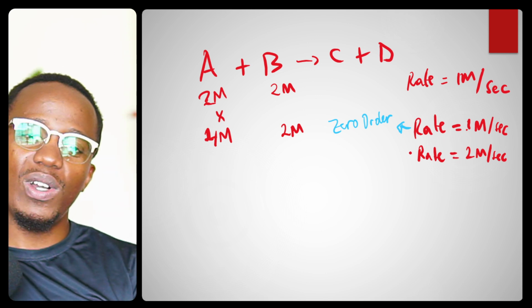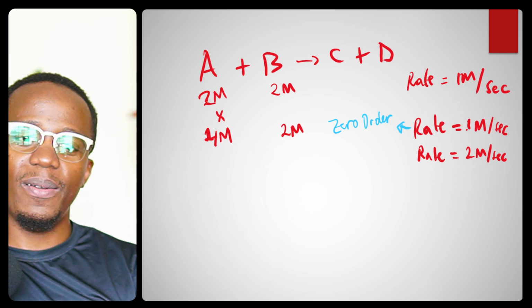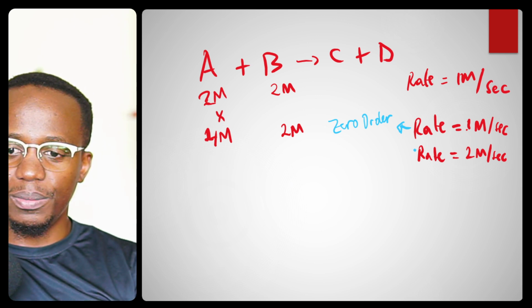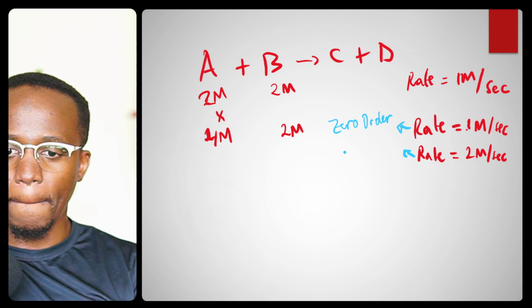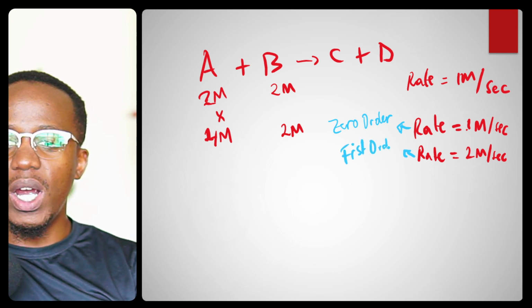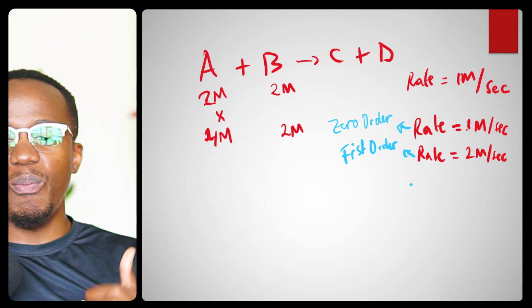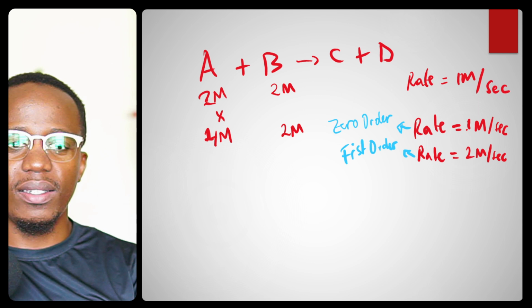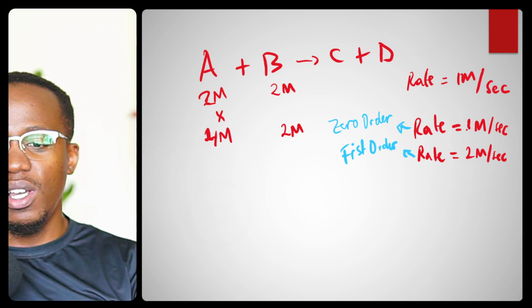Guess what type of order that is? That's right, the first order reaction. First order reaction is when you multiply A and the rate multiplies the same way. That's the first order.